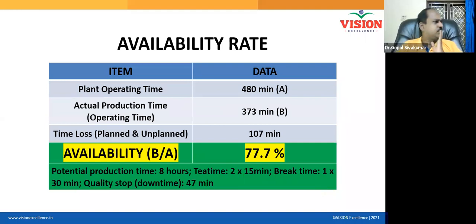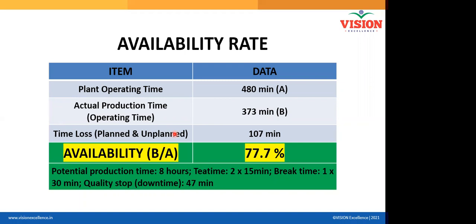Now availability. Plant operating time is 480 minutes, but actual production time is 373 minutes. What is actual production time? You need to subtract the planned downtime as well as unplanned downtime. Am I correct? How much was the planned downtime?